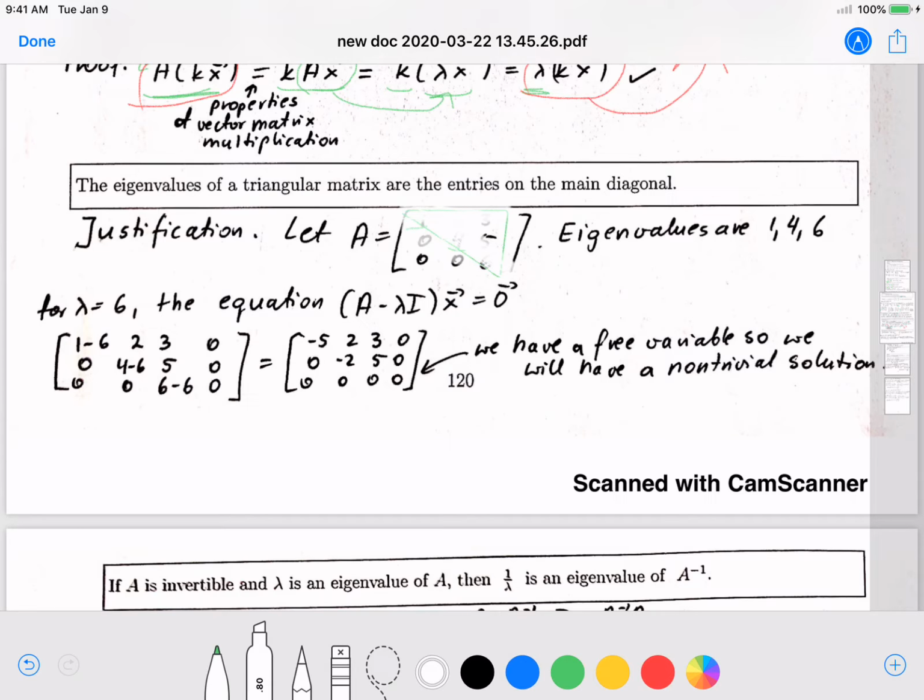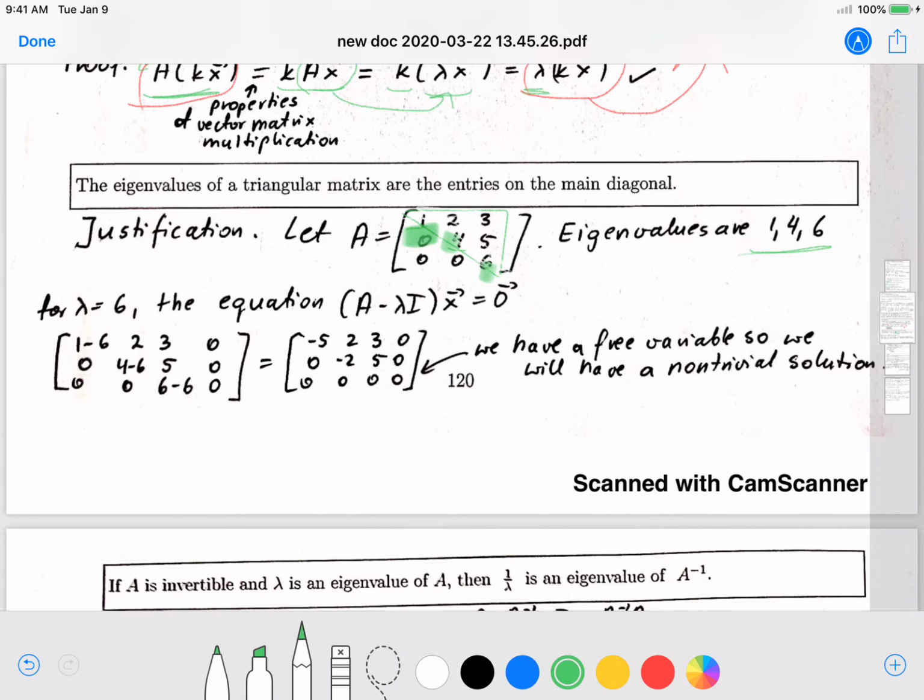I'm sorry, I just erased it. Okay, so if I have the matrix, let's say that my main entries are 1, 4, and 6. So the eigenvalues are 1, 4, and 6. That's what the statement says.